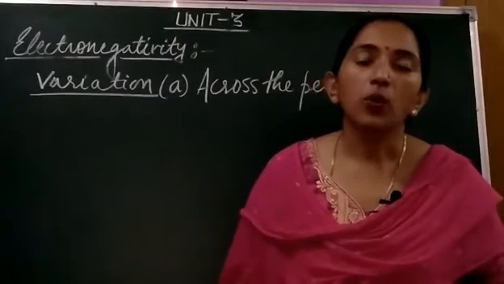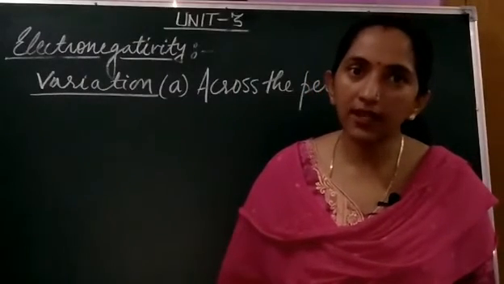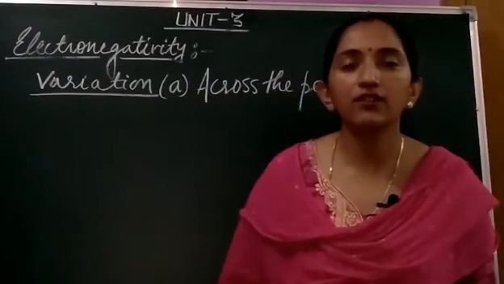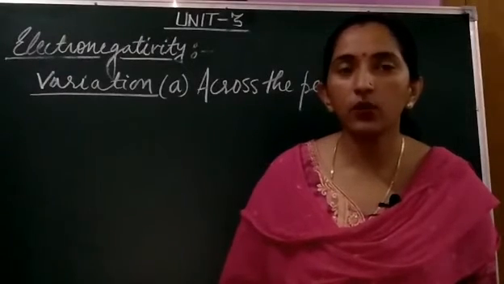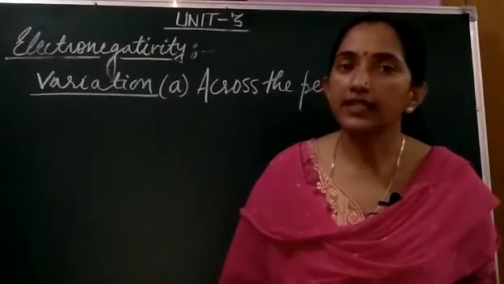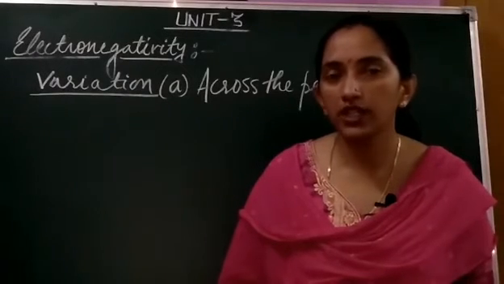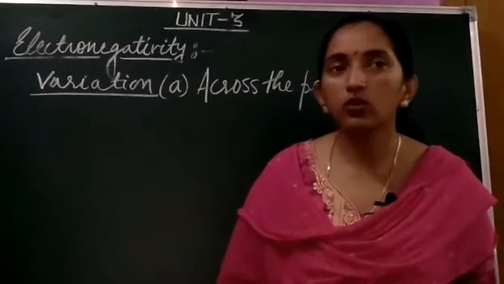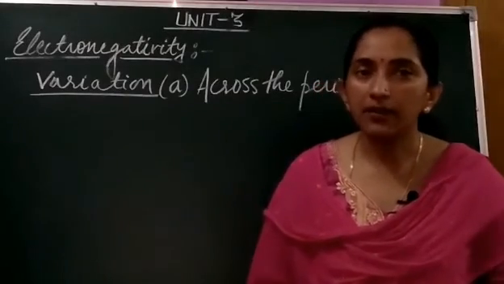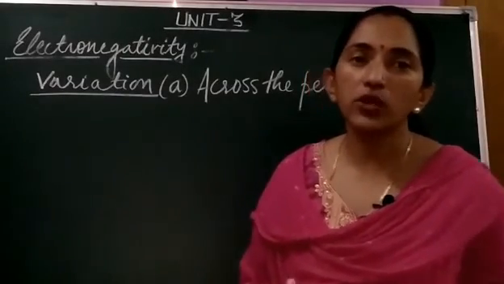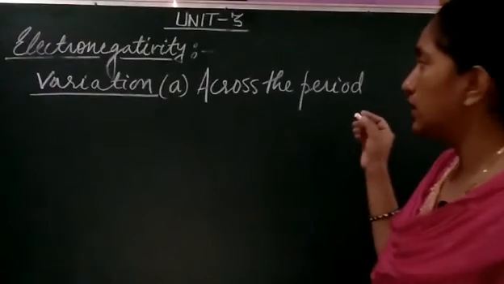So there is a decrease in atomic size and an increase in effective nuclear charge. That means the tendency to attract the shared pair of electrons is going to increase from group 1 to group 17. So the electronegativity is going to increase as we move across the period.